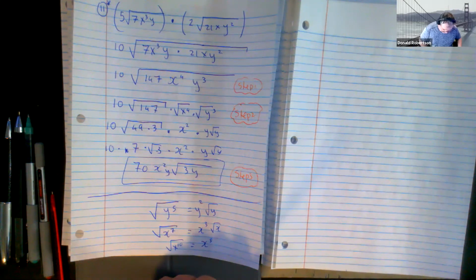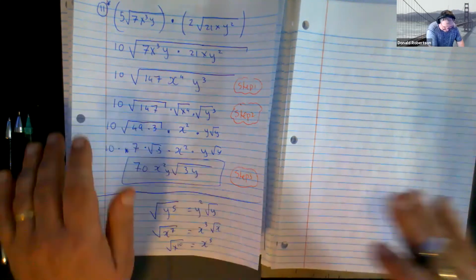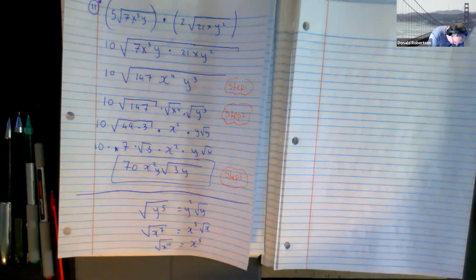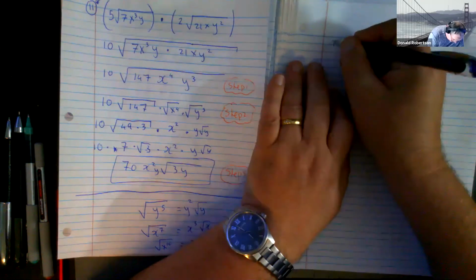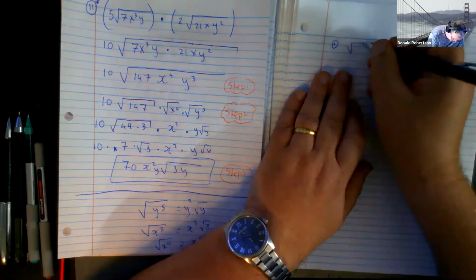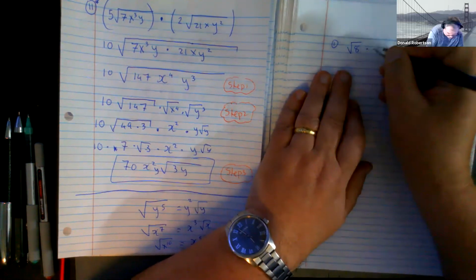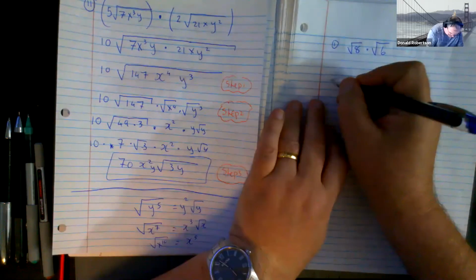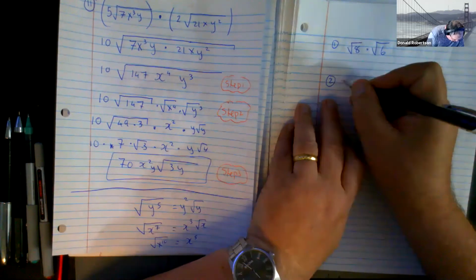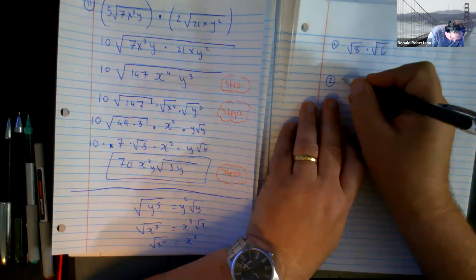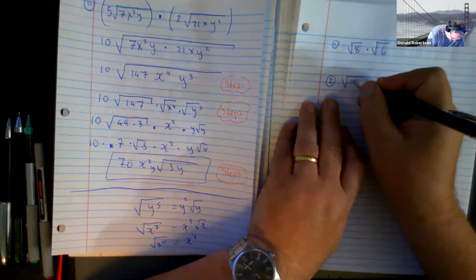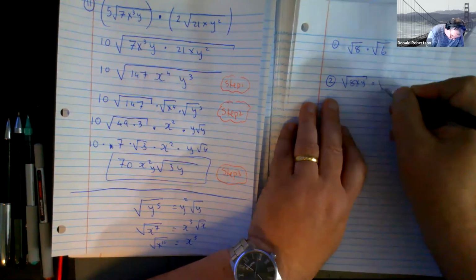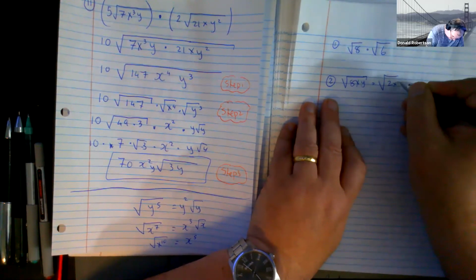I think it's a good point to pause and give you a couple to try. I think we should get by with 3. How about square root of 8 times square root of 6? For the second question, square root of 8xy, that's better, times square root of 2xy cubed.